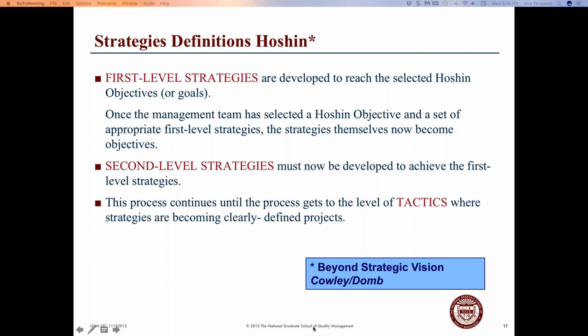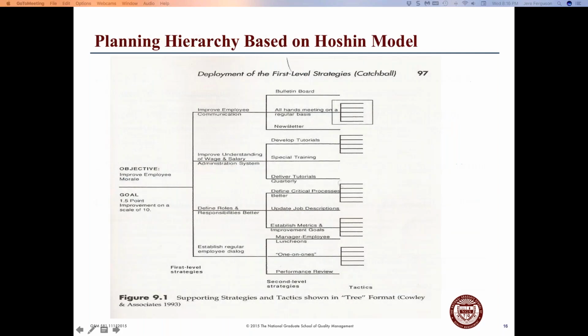The second level strategies must now be developed to achieve the first level strategy. So the first level, as it was in this example, and let's go back, we said we were going to improve employee communications. Well, that's great. And it is believed to be a major element of improving employee morale. So we improve morale by improving our communication with our employees.